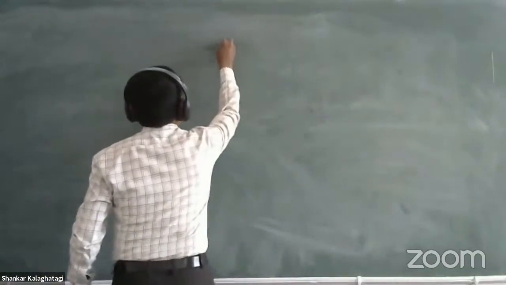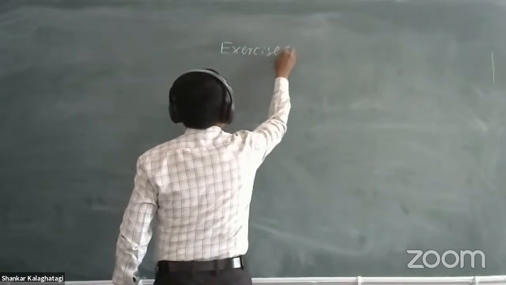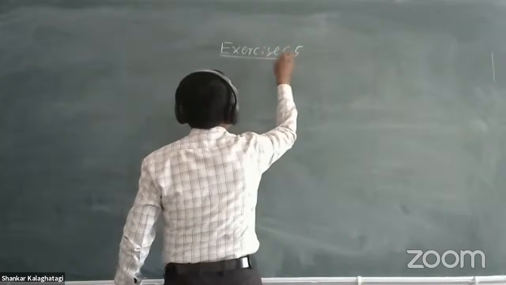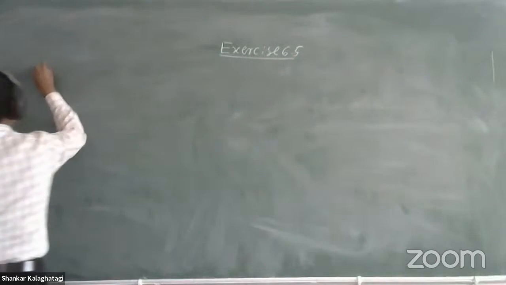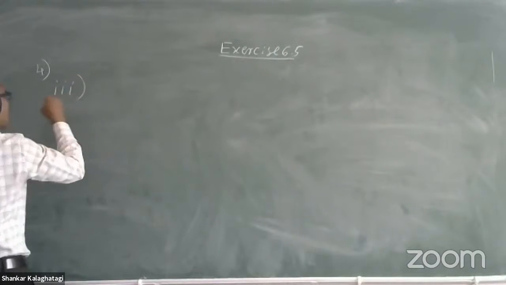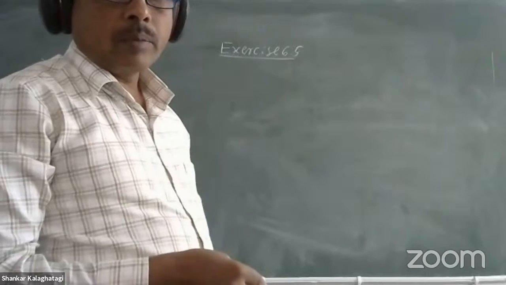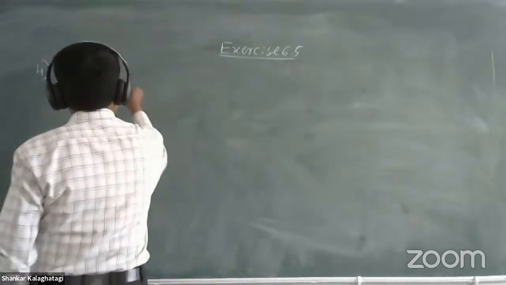Third question is (7m)^2... Exercise 6.5. Then main question 4, the third one. Third question is (4m + 5n)^2.